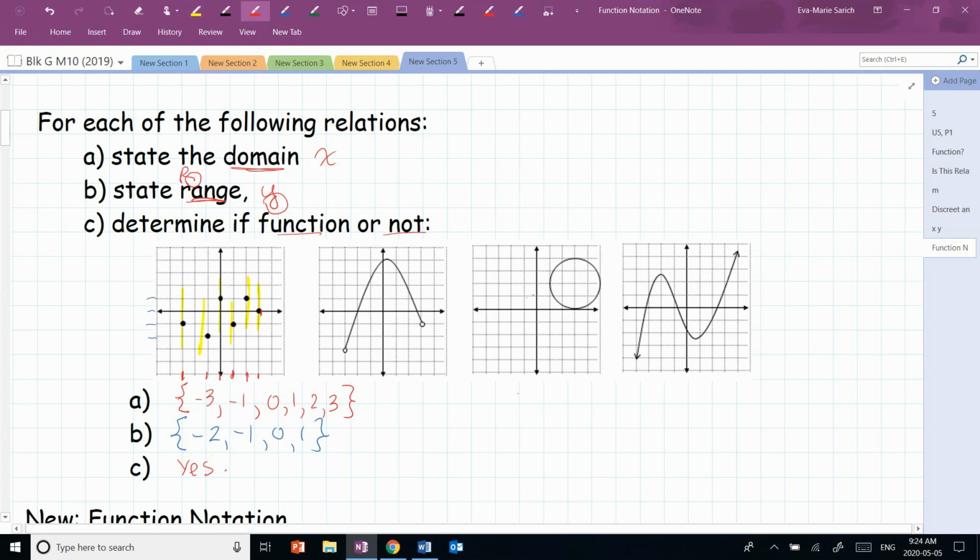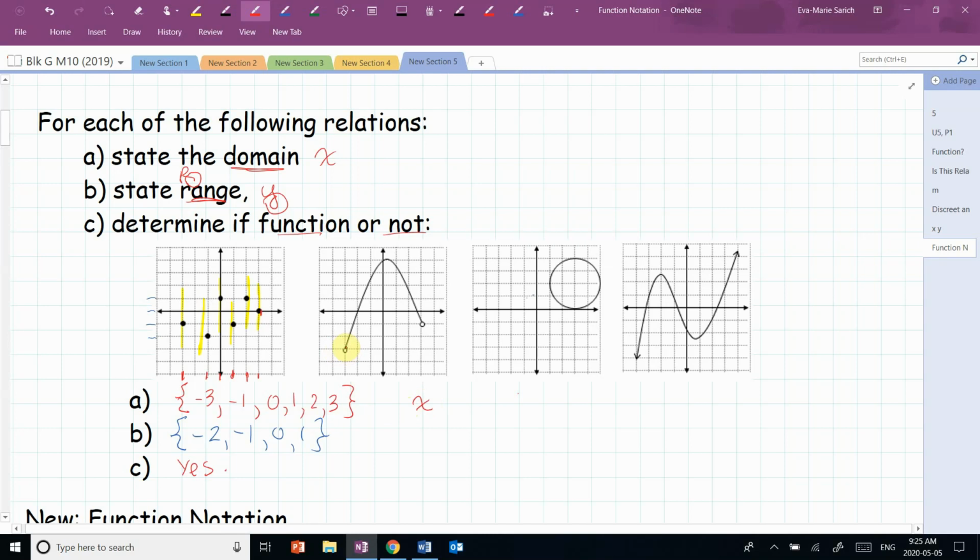Okay, looking at the second graph here, remember that we have open ends on this, which means this is not included, but every point on the line in between those two is included. So this is a continuous graph. So for our domain, we're looking at x.